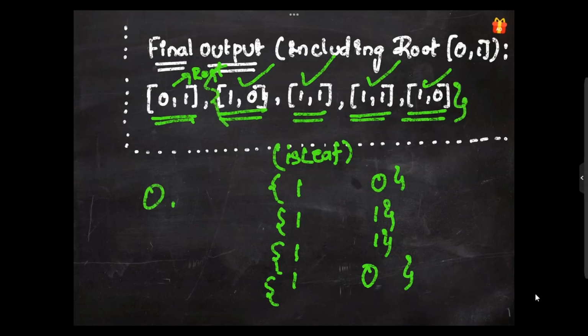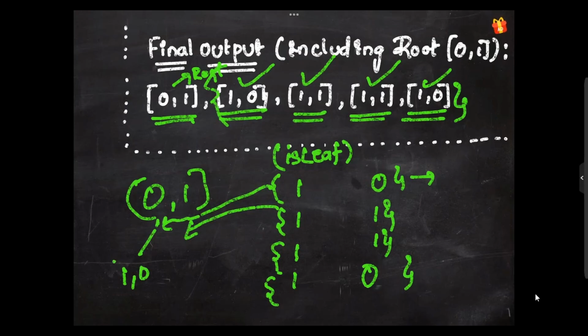And root we are doing it from 0 comma 1. From the previous step I have explained that one. So here this would be 1 comma 0, the first one. The second one would be 1 comma 1 here. The third one would be again 1 comma 1, and the fourth one would finally be 1 comma 0.